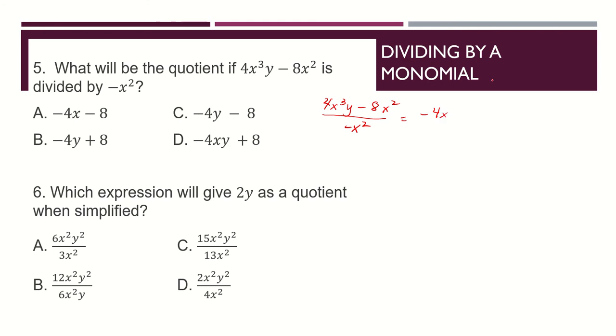Remember, yung ating division, yung quotient rule natin, we subtract exponents. Pag nagdi-divide, we subtract exponents. Huwag nyo yung kakalimutan. Okay, kaya negative 4x. Then, dahil wala namang kaparehas na base yung y, kopya lang si y.